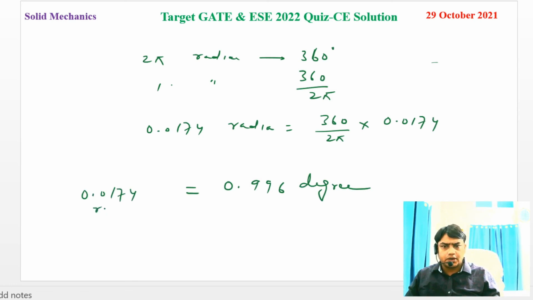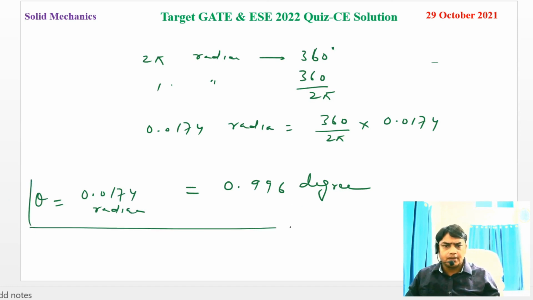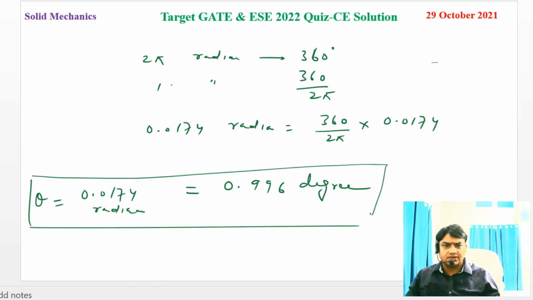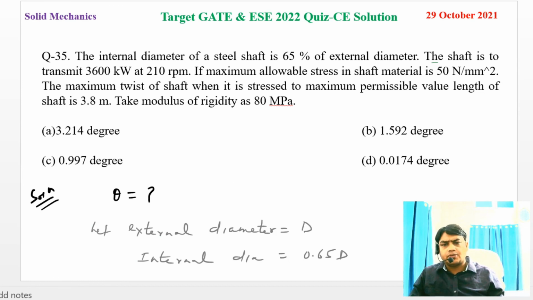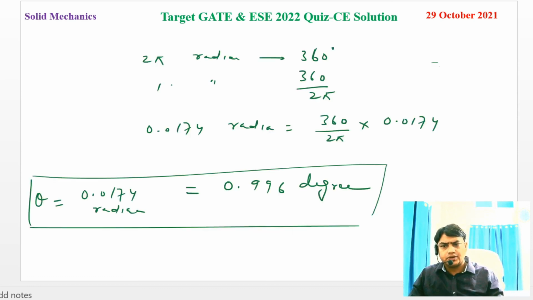So theta is 0.0174 radian, or 0.996 degree, is the answer. If I see the options, 0.997 means option C is correct.